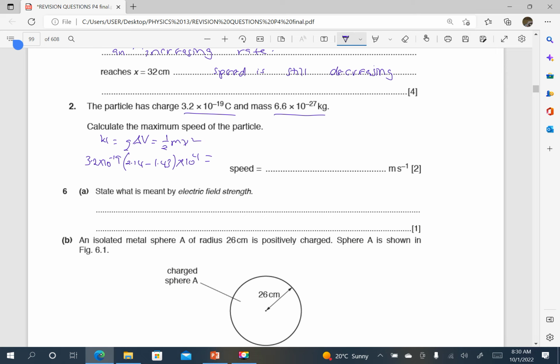And this is going to be equal to a half times 6.6 times 10 power negative 27 in kilograms times v squared. I will not make v the subject, I will just press my calculator to get v squared.